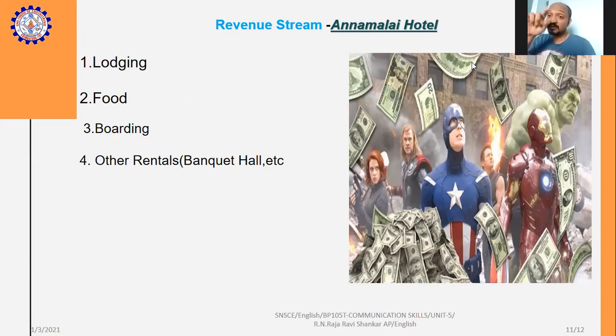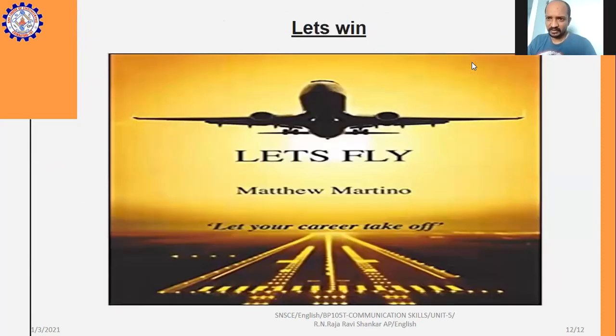They can also advertise on you, on your hotel. So that is also important. There's a revenue stream in that way also. Agencies which partner with you for tourism and travels and so on, they are also there. So these are the aspects which we need to see about and know.